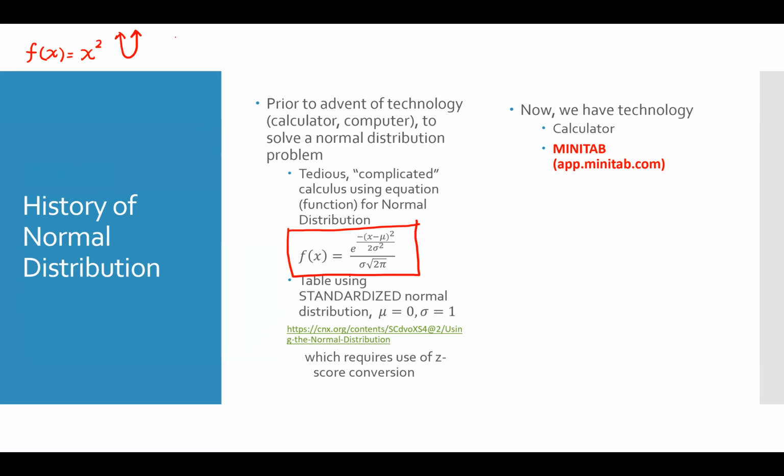You may have learned that something like x squared plus y squared equals 9 is the equation of a circle. Well, the equation of our continuous bell-shaped distribution that is symmetric is this wild and crazy looking thing here.